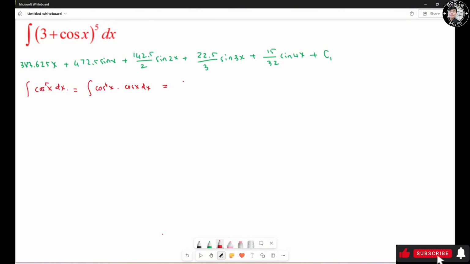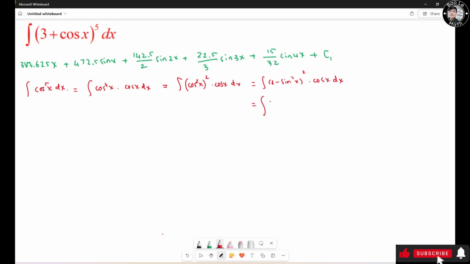So this guy is cosine squared of x altogether squared times cosine of x dx. Now cosine squared of x can be written as 1 minus sine squared of x, right? Altogether squared times cosine x dx.